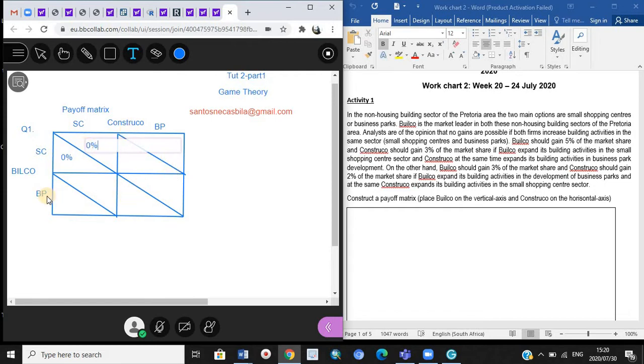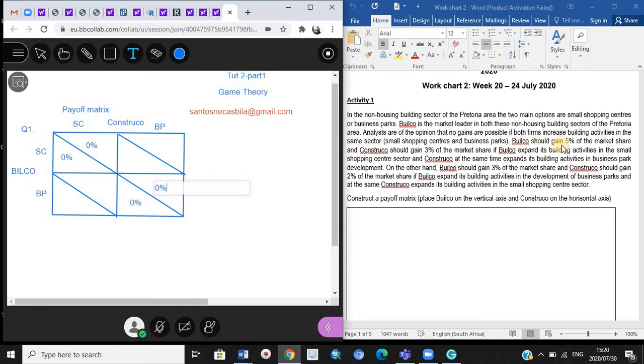Since they said if both expand their activities in the same sector they gain 0, 0, that also applies when both increase activities in the business park at the same time: again 0, 0. Very good. So we have 0, 0, 0, 0, and we are left with this matrix. Let's read forward.